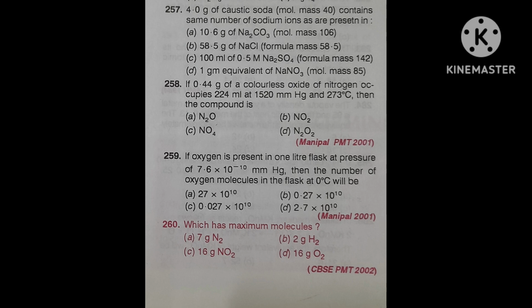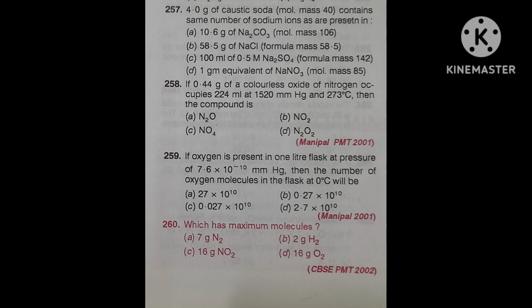It is becoming very less. And fourth, 16 gram O2 means 16 divided by 32, half mole. So the first option was 0.25 mole, the second option is 1 mole, the third option is very less, and the fourth option is half mole.